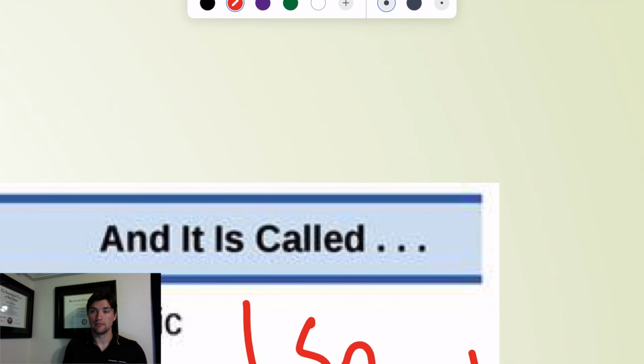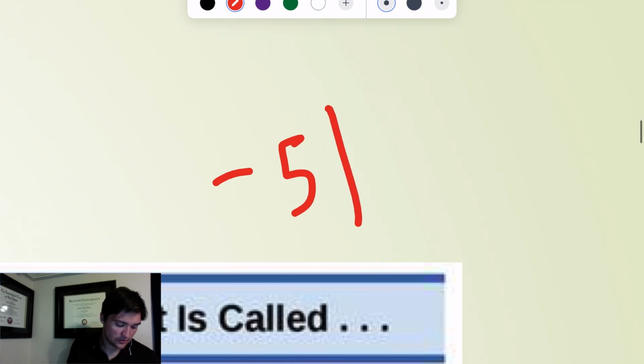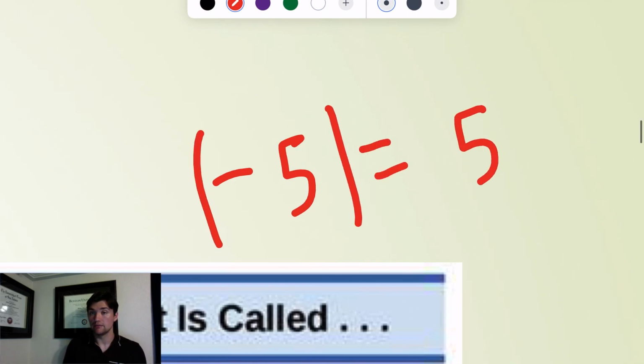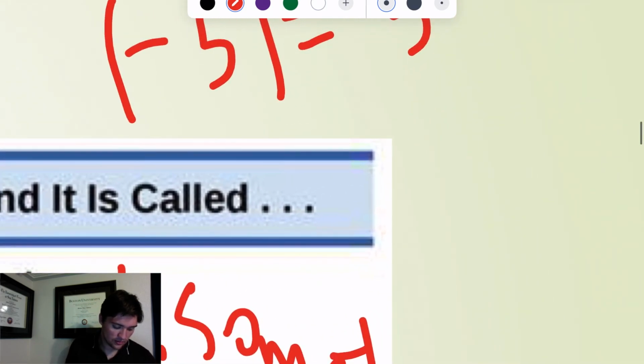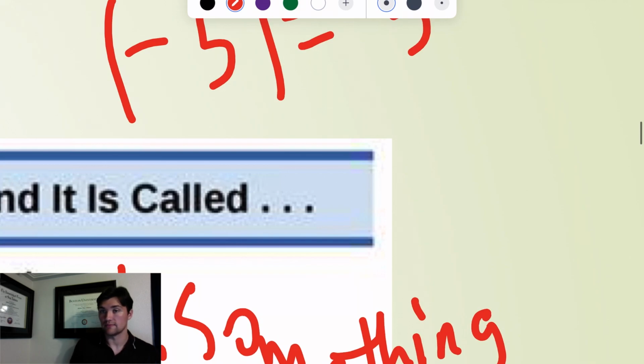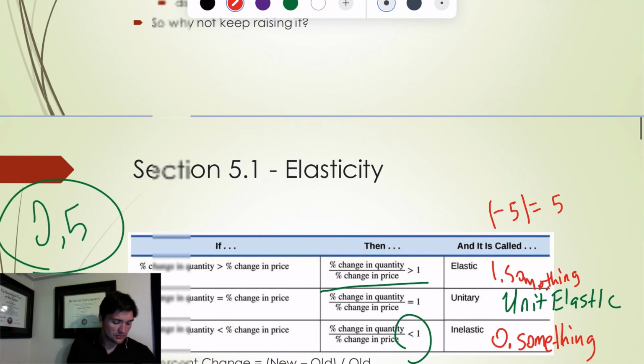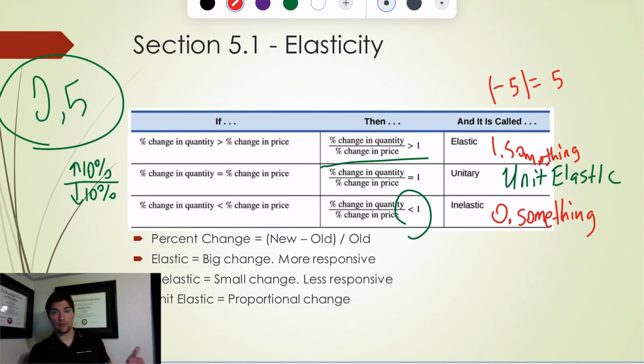Negative 5, inelastic or elastic? Well, we take the absolute value. So negative 5 takes the absolute value, turns into 5, and 5 is greater than 1. So that would be elastic. So 1 point something or 2 point something, that's going to be elastic. So those are the different types of goods that we have based off of that number. And what we're doing here is we're just basically seeing, is it having a big change in quantity, small change, right?